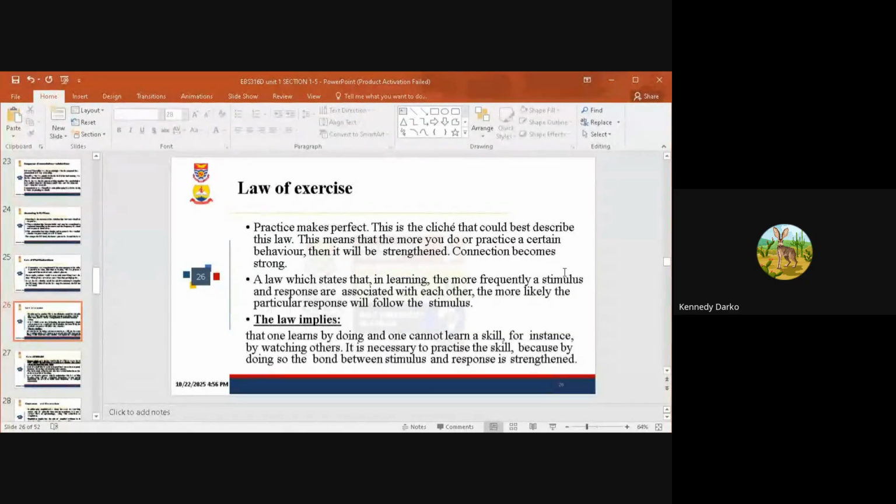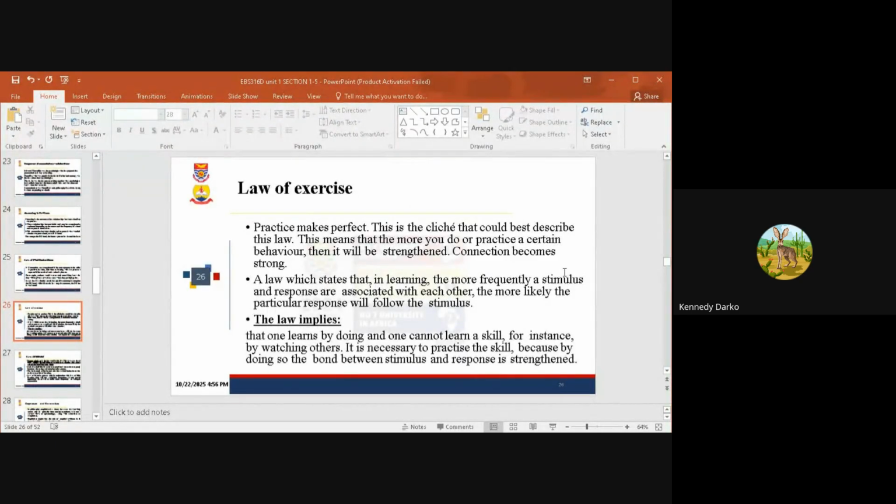Now, what's the law saying? What it's saying is that one learns by doing, and one cannot learn a skill, for instance, by watching others. It is necessary to practice the skill, because by doing so, the bond between stimulus and response is strengthened.